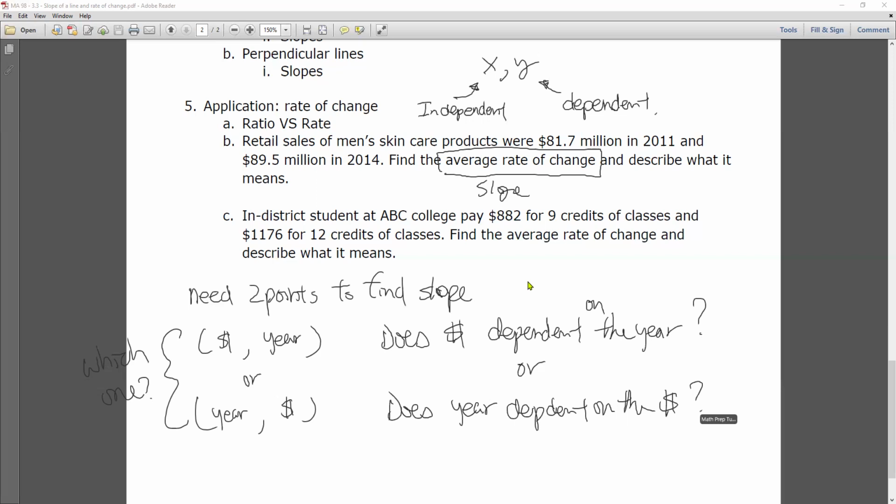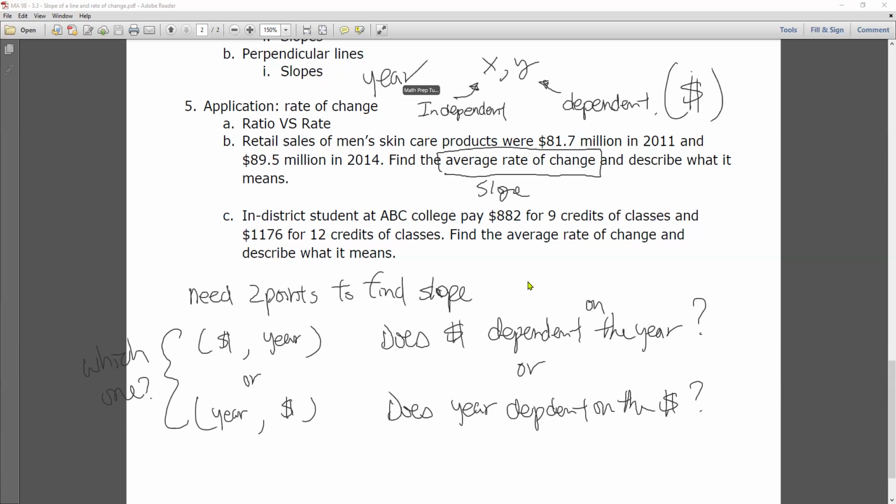And we discussed this in class. We realized that the amount of money that it earned for the skincare depends on what year it is. The year does not depend on the money. It's the money that depends on the year. So if the money depends on the year, that means the money is the dependent variable. And that means the independent is the year.